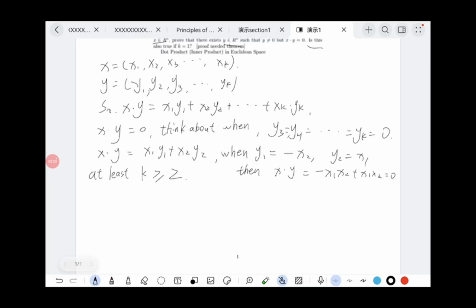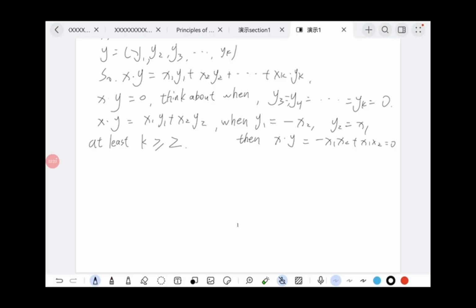Now let's see what happens when k equals 1.